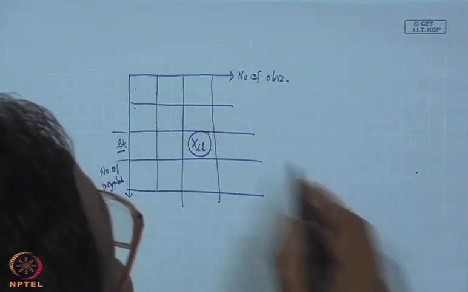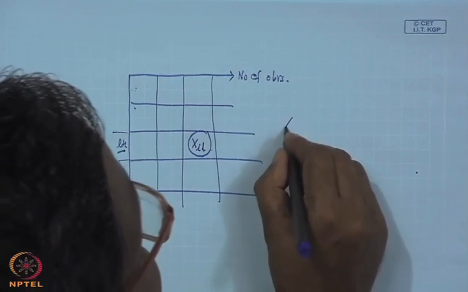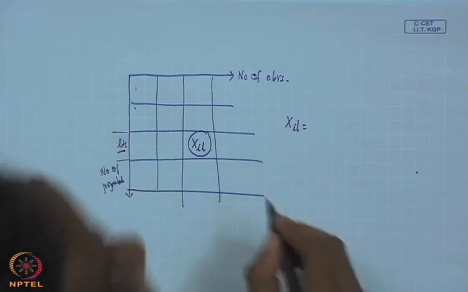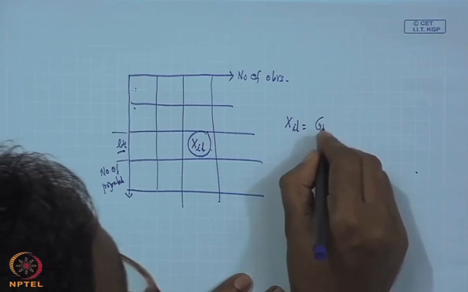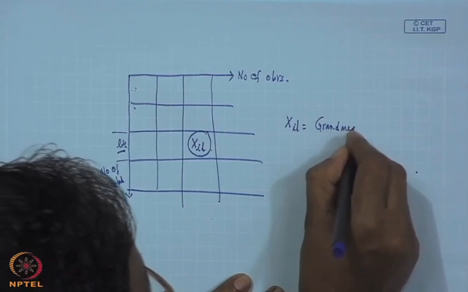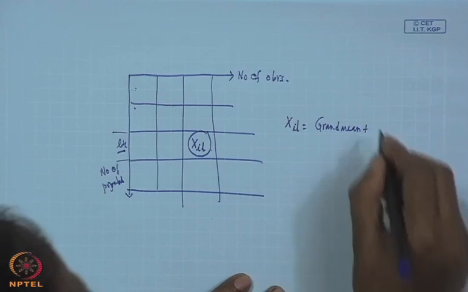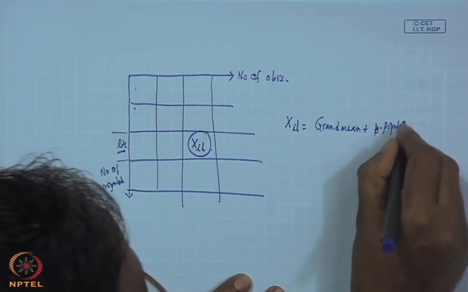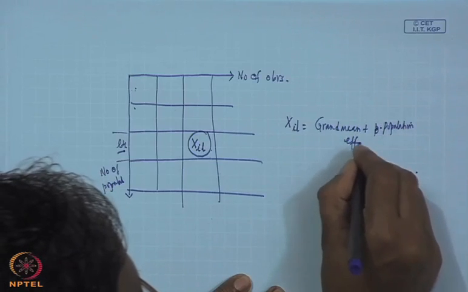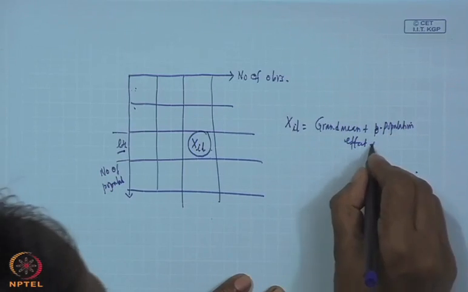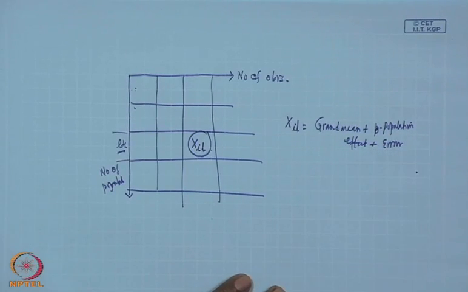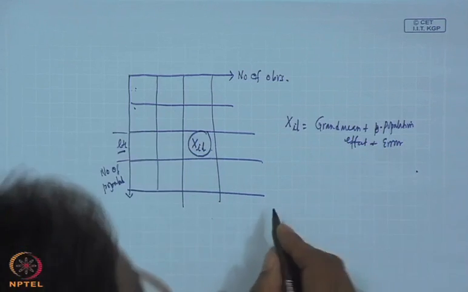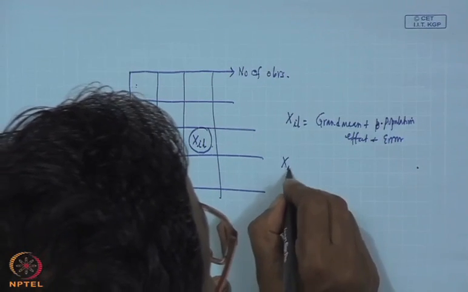What we are saying further is that X_iL can be decomposed as grand mean plus your population effect plus some error quantity. How do you get it? We will get it in this manner.